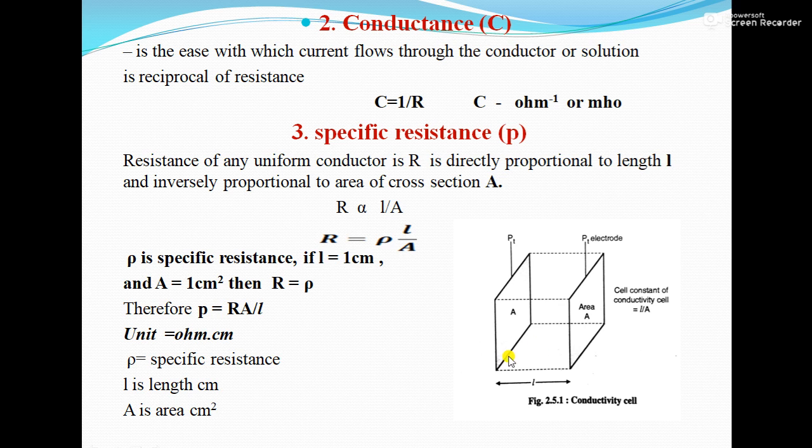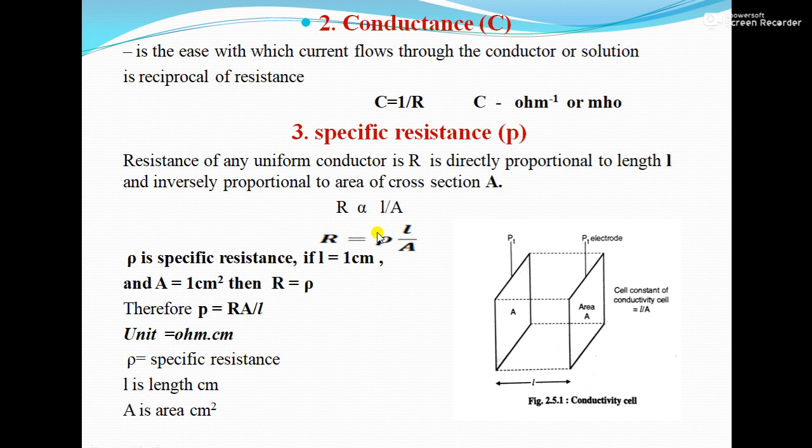The two electrodes are separated from each other by L centimeter, and have area A. The resistance R of any uniform conductor is directly proportional to the length L and inversely proportional to the area of cross section. That is R is directly proportional to L by A. When we remove the proportionality sign, it becomes R is equal to rho L by A.